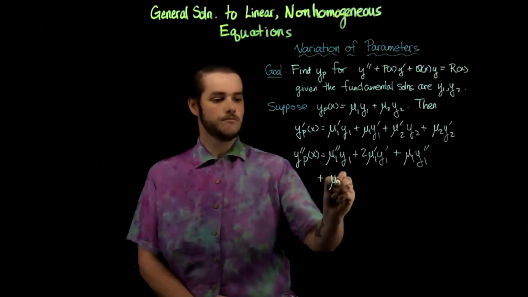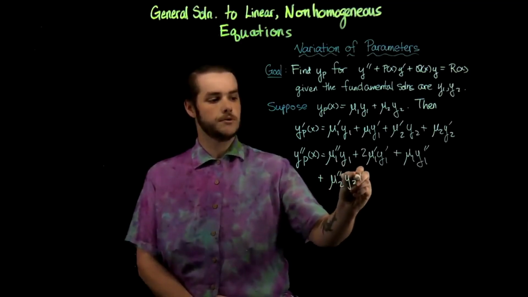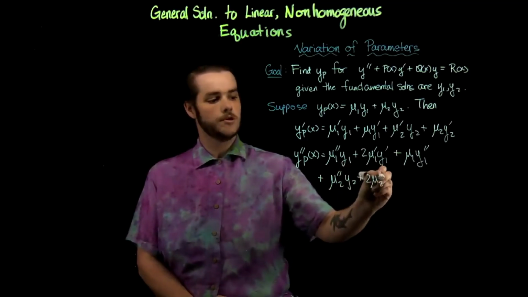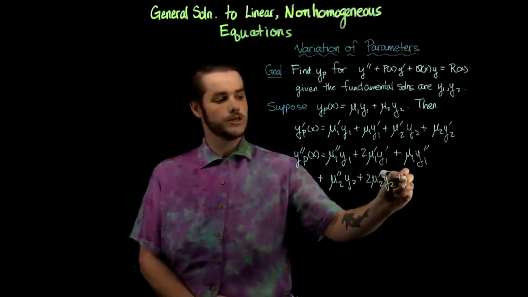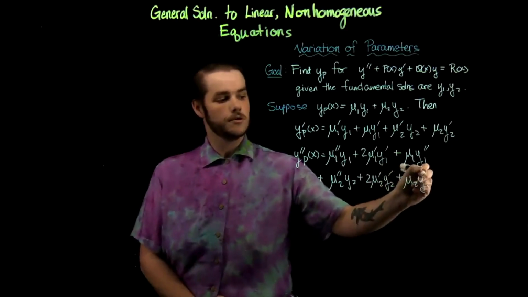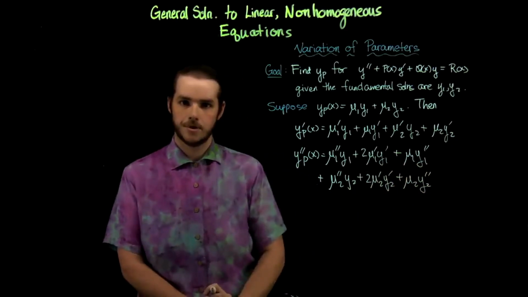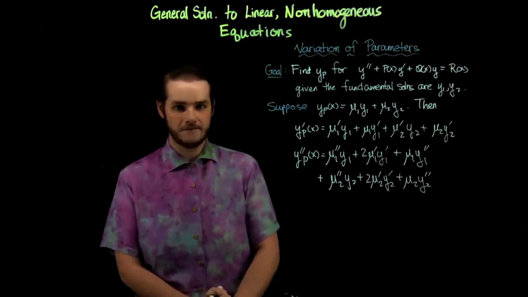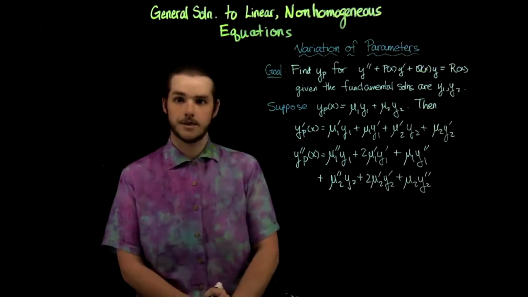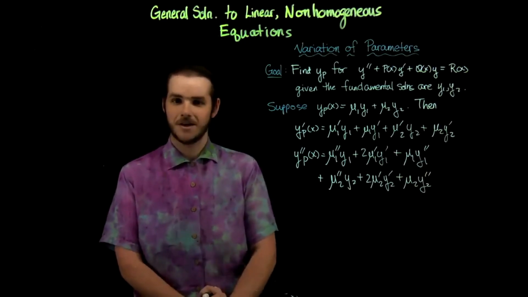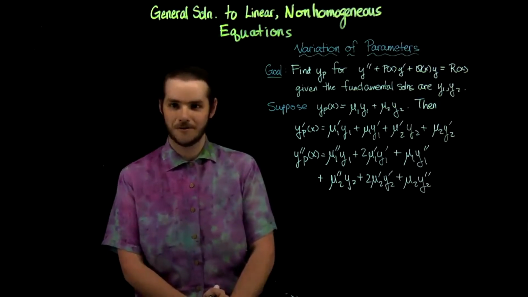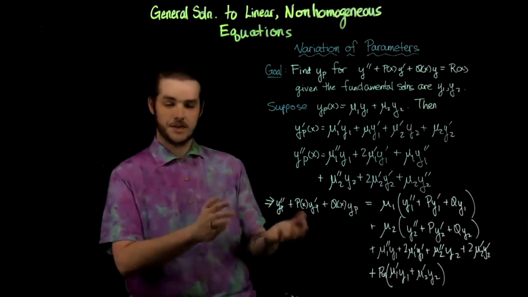Plus mu2 double prime y2 plus 2 mu2 prime y2 prime plus mu2 y2 double prime. Next, I'm going to plug this into the left-hand side of our equation. And I'm going to simplify that down a bit, and I'll come back with the cleaner version. And here it is.